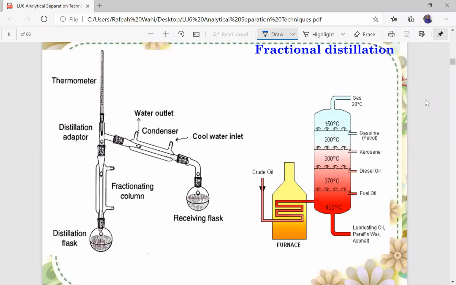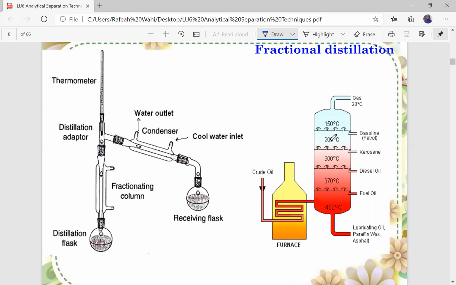Another type of distillation process is the fractional distillation. One example of fractional distillation is the processing of crude oil. When you have a crude oil, you process them into different products by vaporizing them at different temperature. So at different temperature, let's say for example at 150 degrees Celsius, you will get gasoline or petrol.